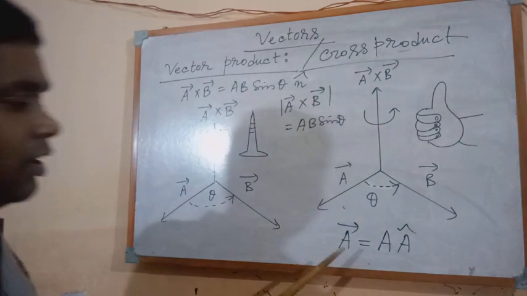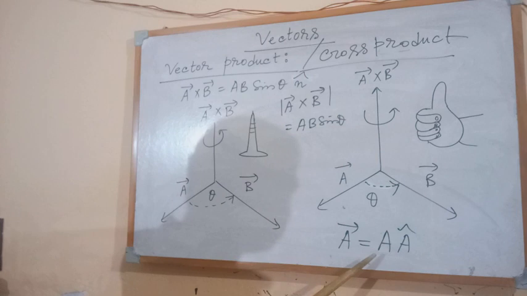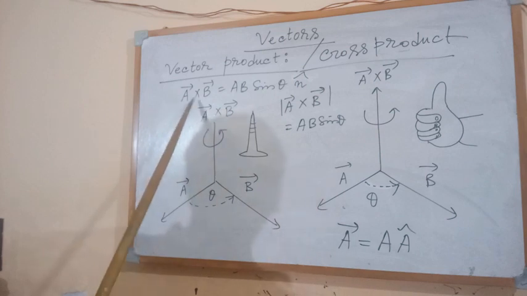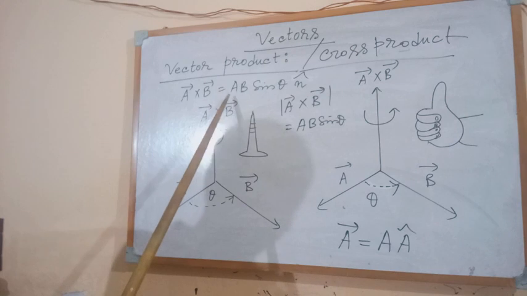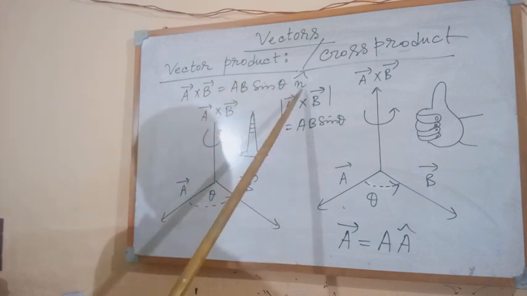That is, the A vector is the multiplication of its magnitude A and its unit vector A cap. Similarly, A vector cross B vector is its magnitude AB sin theta multiplied by its unit vector n cap.